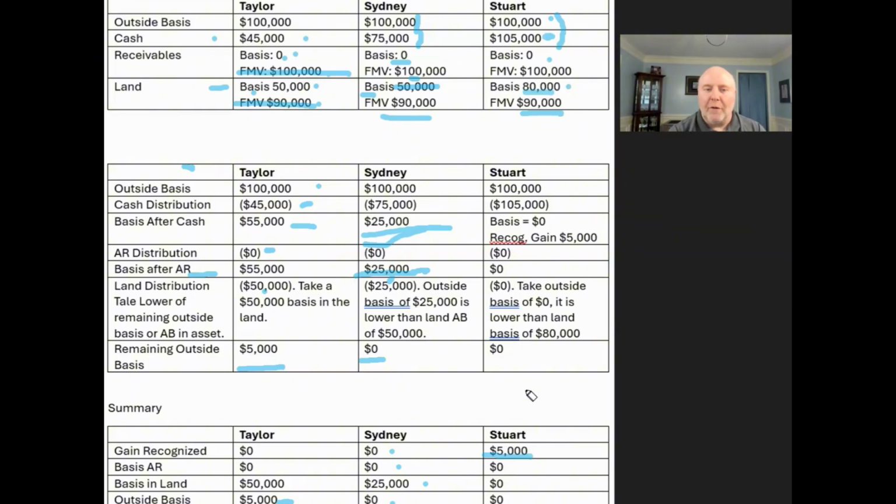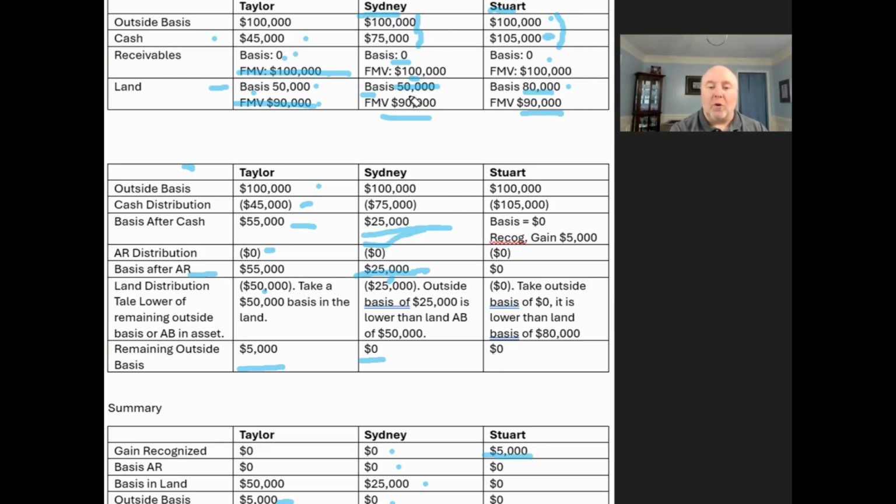Okay. So if you wanted a way to summarize this, when you're looking at something like the land over here, what we're doing is we're going to take the lower of the basis in our land, property, equipment, whatever it is, or our remaining outside basis. Here, our remaining outside basis was 0 with Stewart. Over here with Sydney, our remaining outside basis was 25,000.